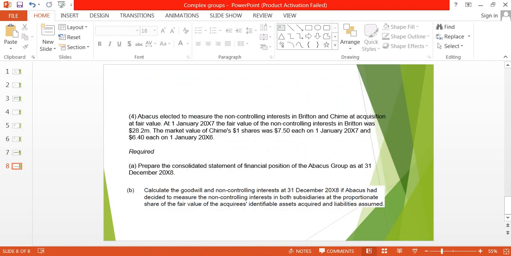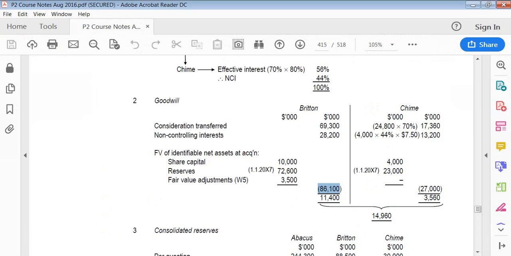That's the date on which Abacus gained effective control of C. So that's the one that we need to use, not the one as at 1st January 20x6. So the effective holding, which we established earlier on at 44%, that's the one we use.